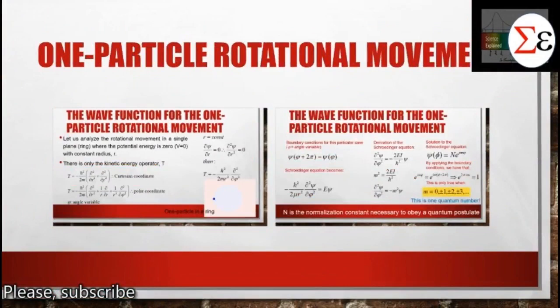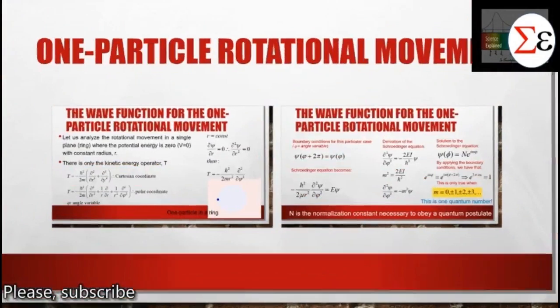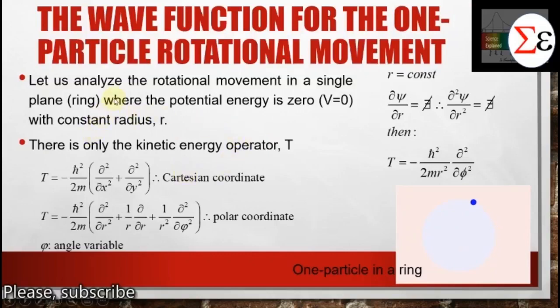Then we go to one particle rotational movement. So let us analyze the rotational movement in a single plane, which is the ring, as we can see here, where the potential energy V is 0, with a constant radius r.